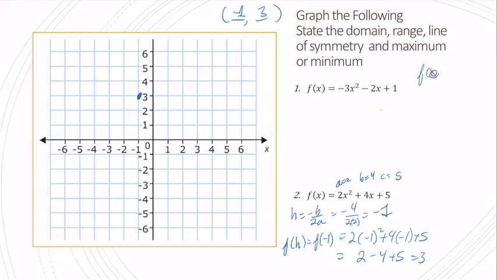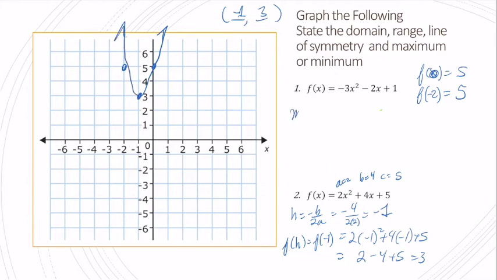F of 0 would be 5. F of negative 2 is going to give us 5 as well. So here I have my points.